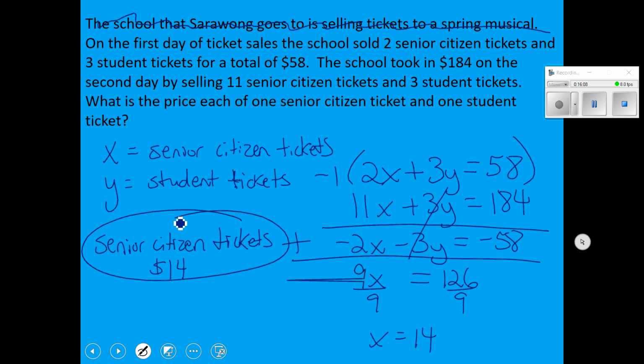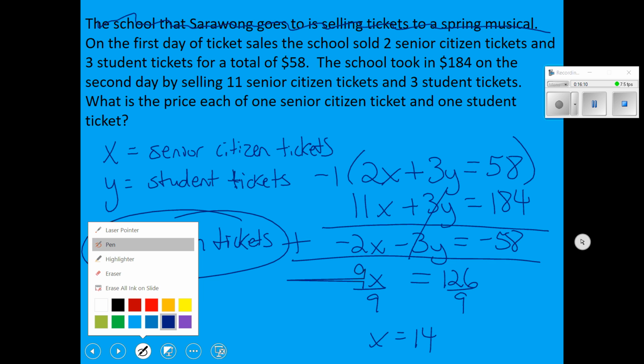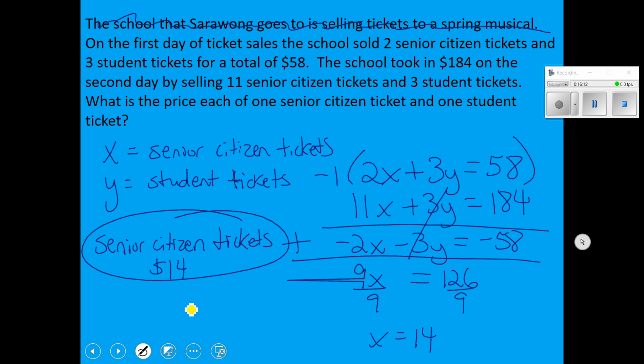And then you're going to plug back in to figure out your student tickets. So make sure you plug back in for x. So 2 times 14 plus 3y is equal to 58. So 28 plus 3y is equal to 58.